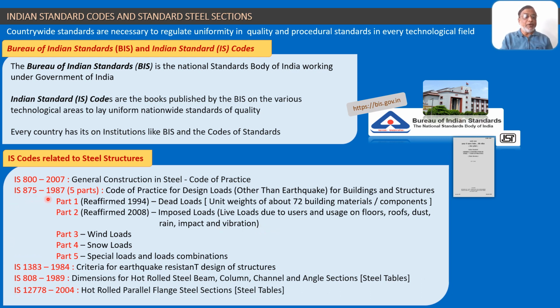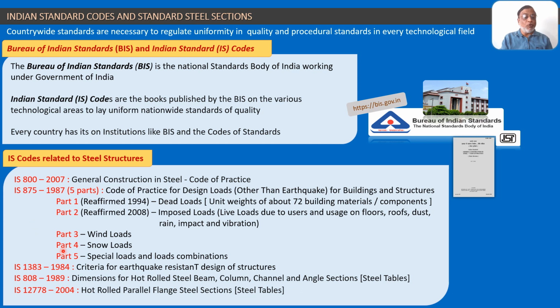IS 875 1987 part 3 is on wind loads. Tall structures like chimneys or high buildings, or roof truss industrial sheds, are all subjected to wind loads, and the loads for the entire wind load analysis are taken from IS 875 1987 part 3.